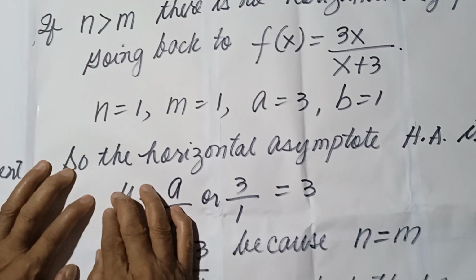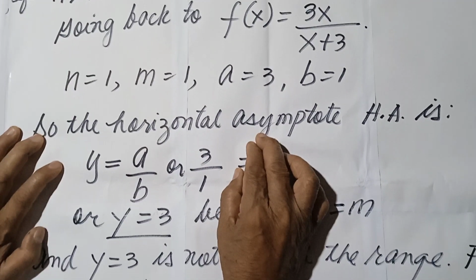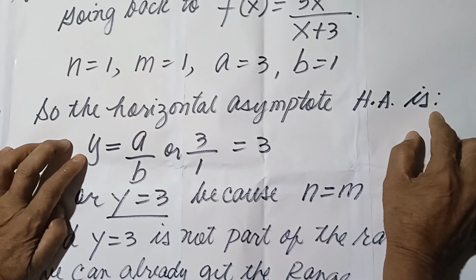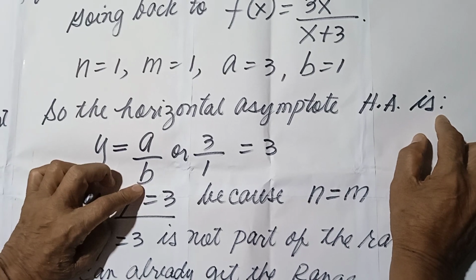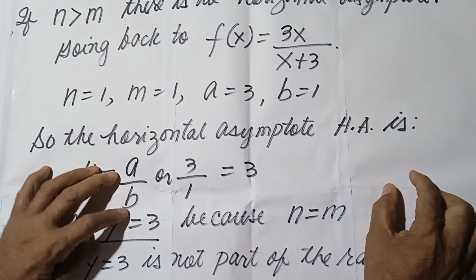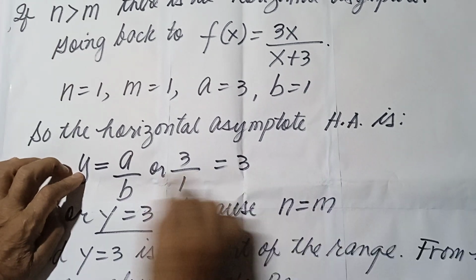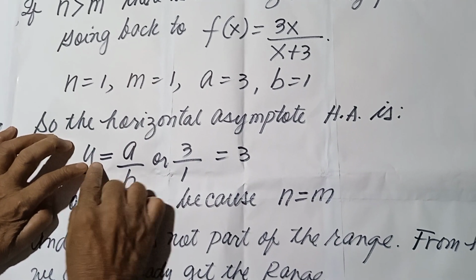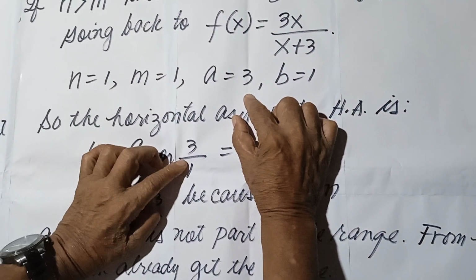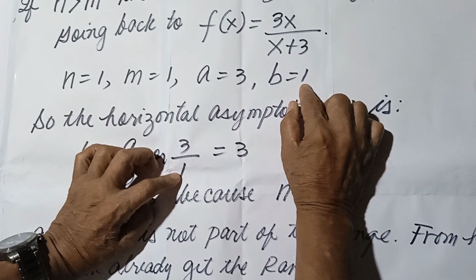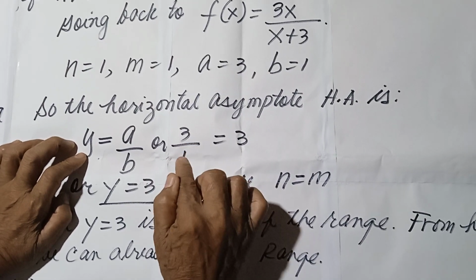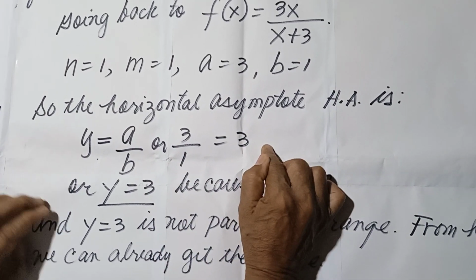So, the horizontal asymptote, HA, is y equals a over b since n is equal to m. Our a is 3 and our b is 1, so we have 3 divided by 1 equals 3.